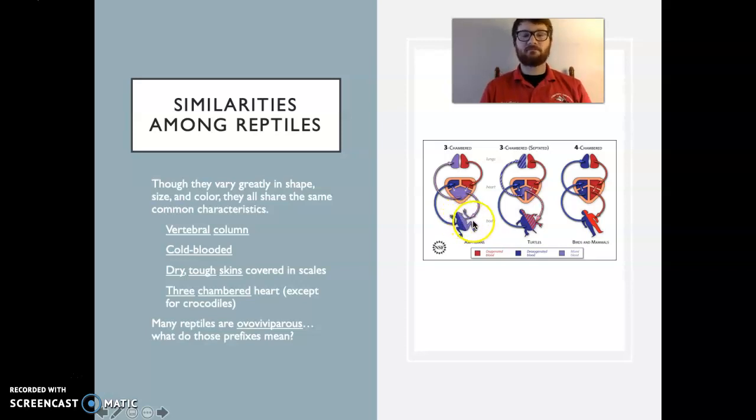Not very efficient. Turtles, some reptiles, actually have a 3.5-chambered heart, and that's strange, where they have a septum that doesn't exactly connect all the way, so that most of the blood that is coming from the body gets taken back to the lungs, and most of the blood that comes from the lungs gets put back into the body, but not all of it.